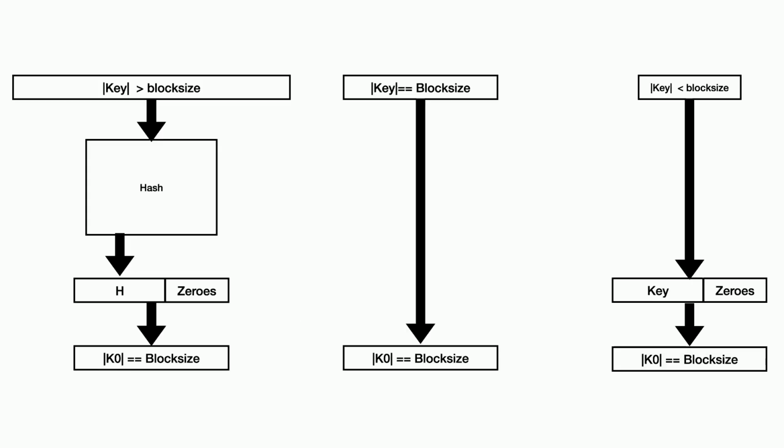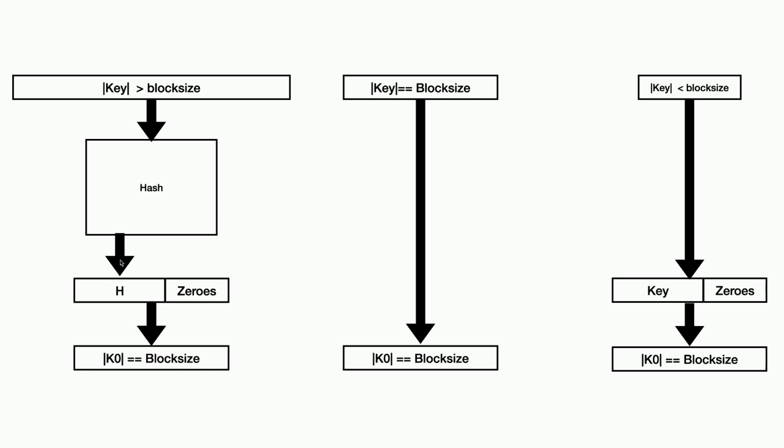So looking inside the hash, the HMAC, we start off with the keys. So you give it a key, and the key can be any size. And if the key is longer than the block size, which is the block size parameter within the algorithm, you would hash it to get some output. And if the output again was not the block size, you'd pad that with zeros.